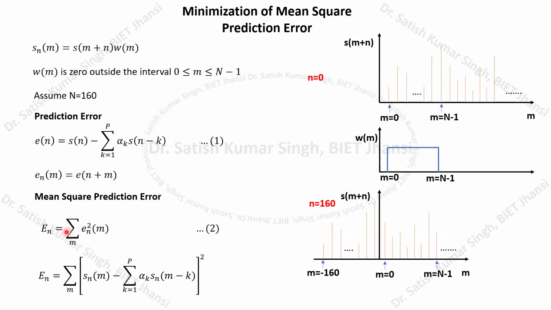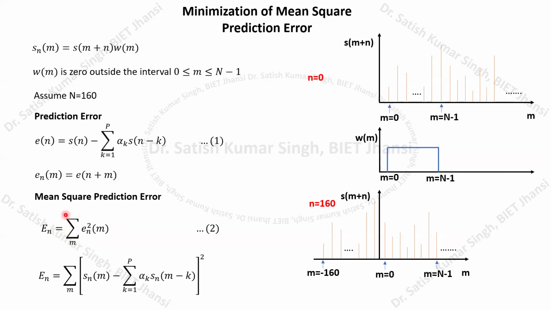So here you try to understand, for a certain range of m, we have to square this particular prediction error e_n. And then because we are talking about the mean square, this value should be divided by the total number of samples. But just for simplification, we have omitted the total number of samples.